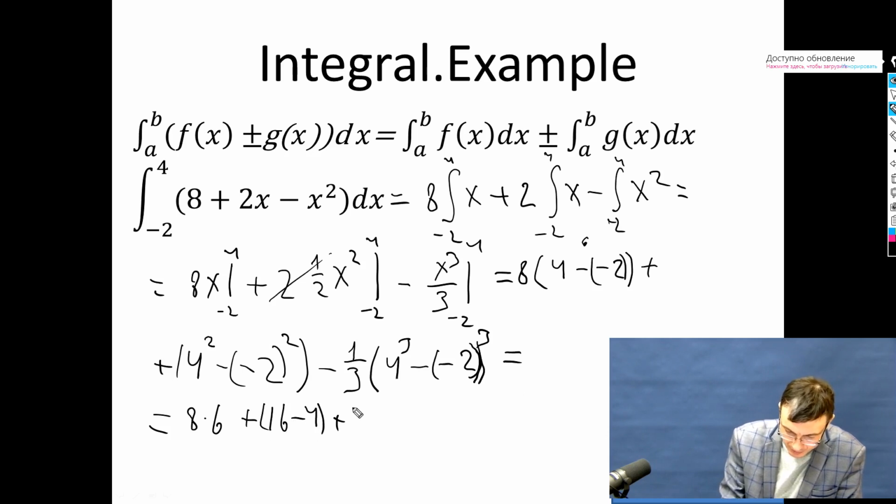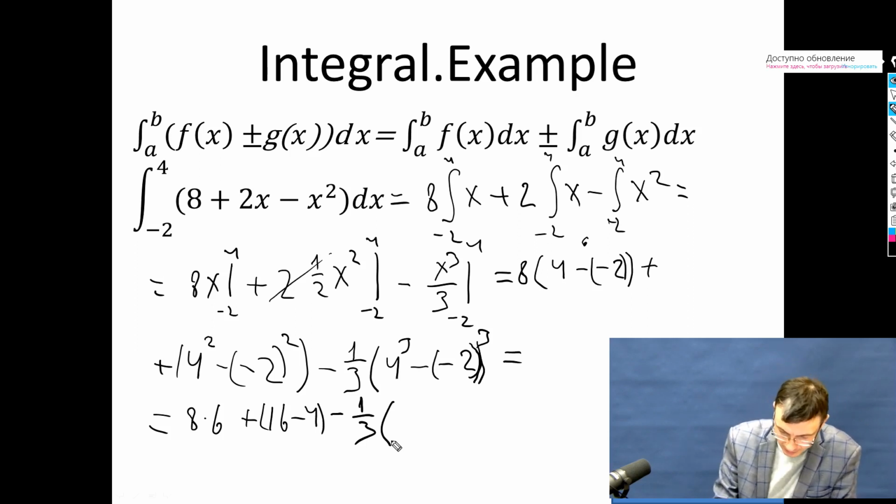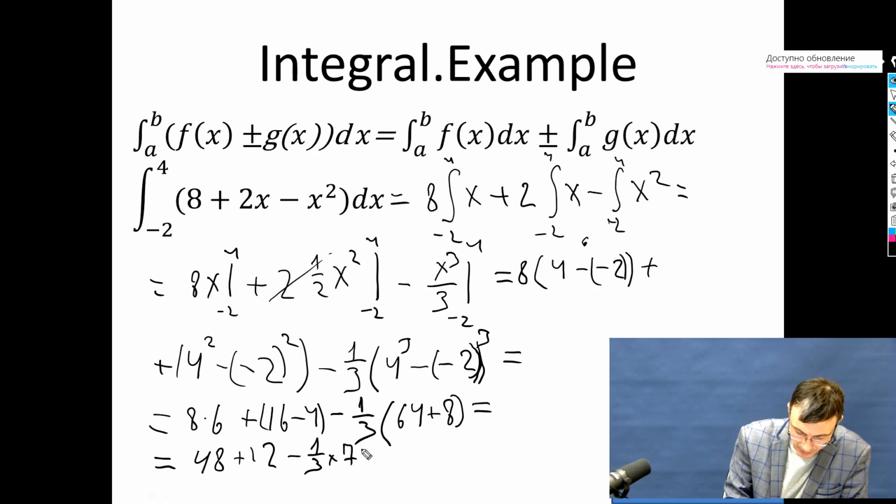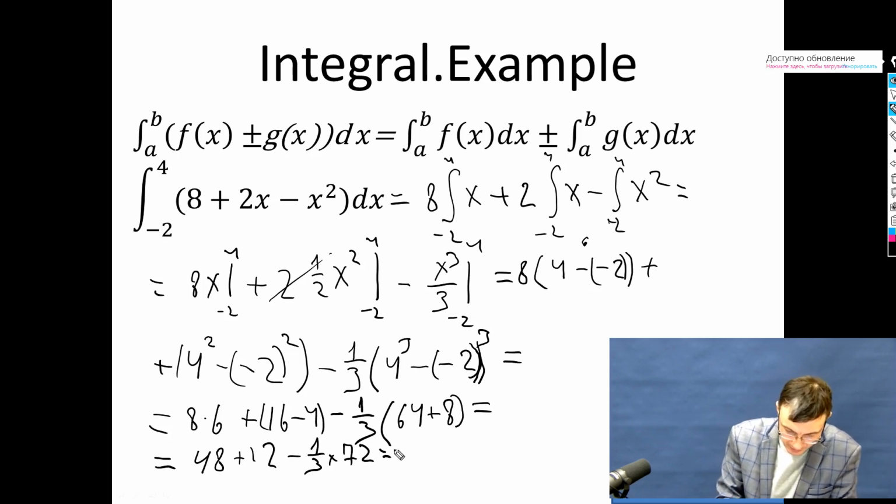And the third part will be minus 1/3 multiplied by 4 plus 8, so it will be 48, then plus 11, then minus 1/3 multiplied by 72, so it will be 4.